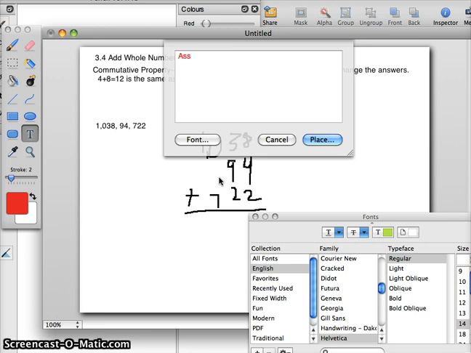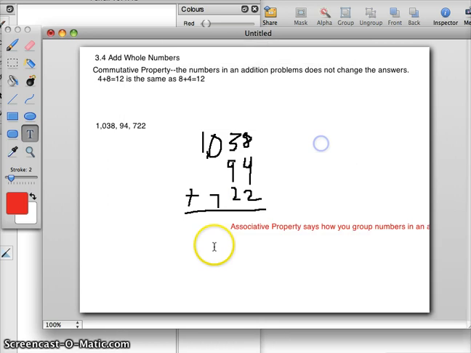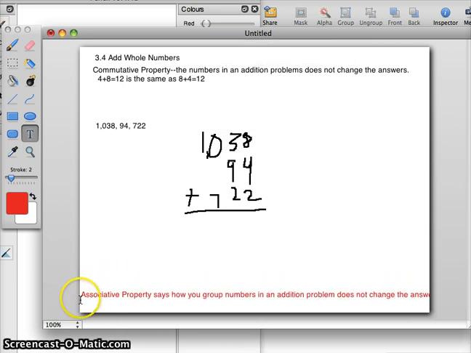The associative property says that how you group numbers in an addition problem does not change the answer. I'm going to place that. So the associative property says how you group numbers in an addition problem does not change the answer.